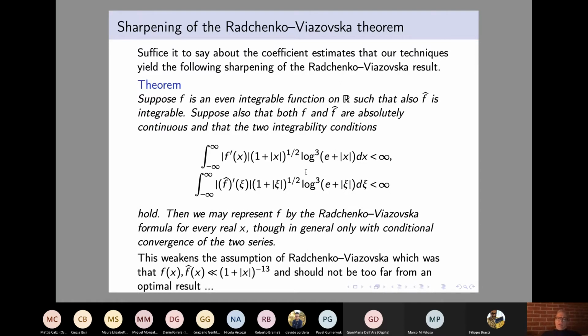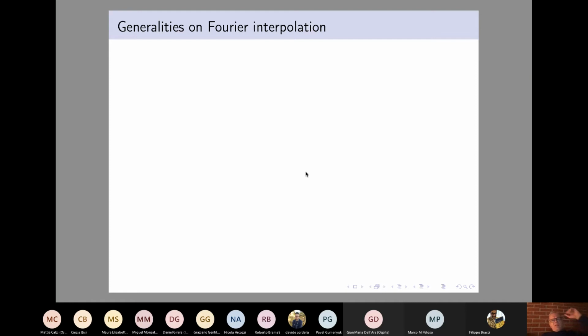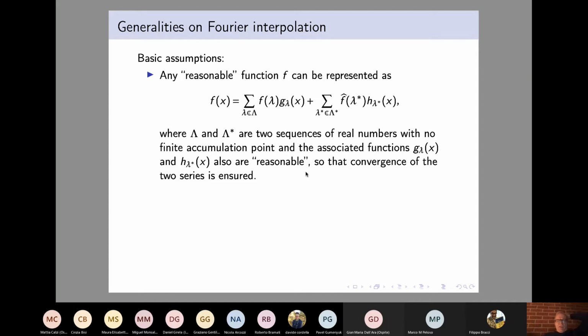So let me say some general things about Fourier interpolation. When we did this work, we saw that there was an approach that worked, and then we wanted to see if what we're doing is just ad hoc, or is it somehow the right thing to do?